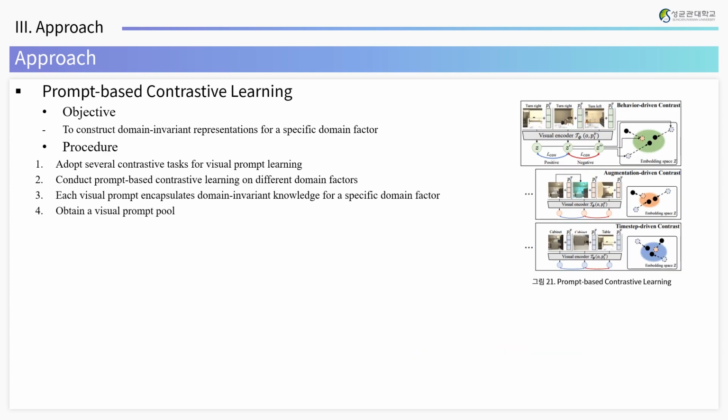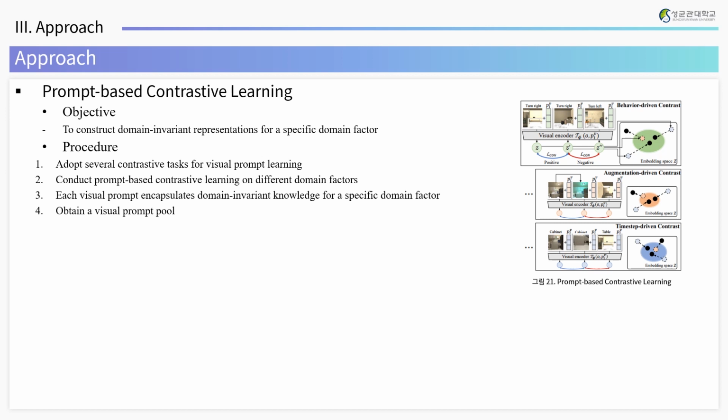Firstly, I will explain the prompt-based contrastive learning. Prompt-based contrastive learning aims to construct domain invariant representations with respect to specific domain vector for egocentric perception data.